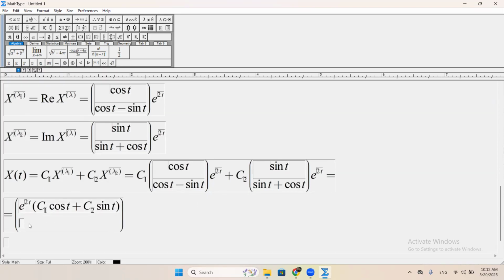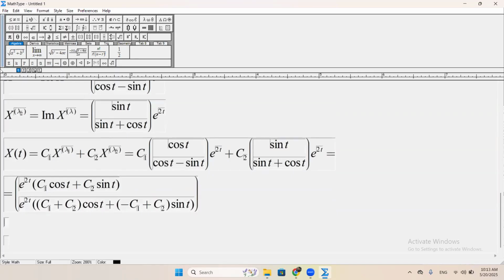And here as well, e to the power of 2t, and then C1 plus C2 cosine of t, and minus C1 plus C2 sine of t.